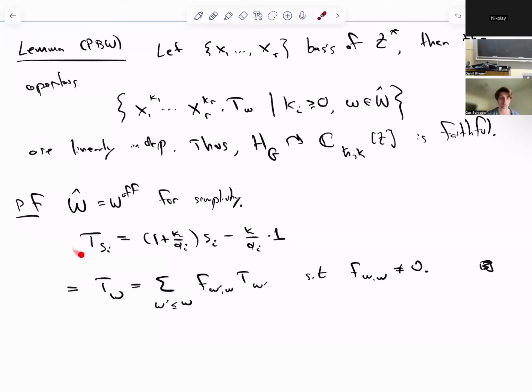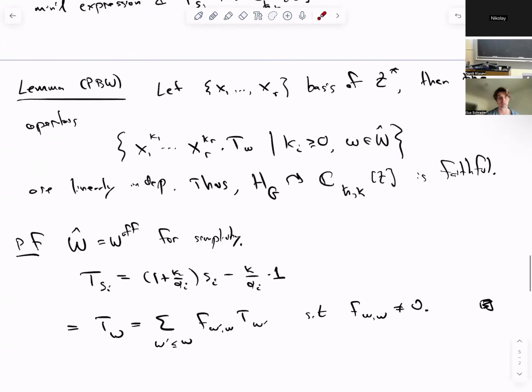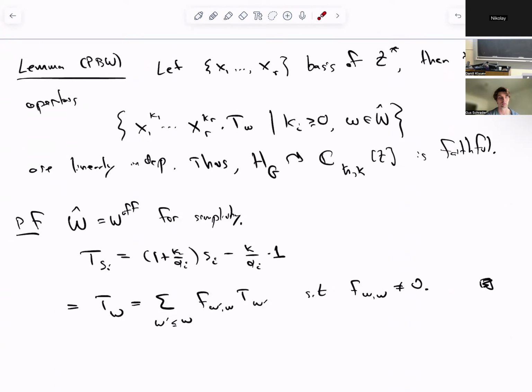No, this equality is of operators acting on the polynomial algebra. And here it's just reading from here. I just extract the S_i coefficient, it's 1 plus something over alpha. It should be something else on the right, not C_W prime. It's just W prime. I'm so sorry. Now I understand what you're saying. Yeah, that's important, thank you very much.